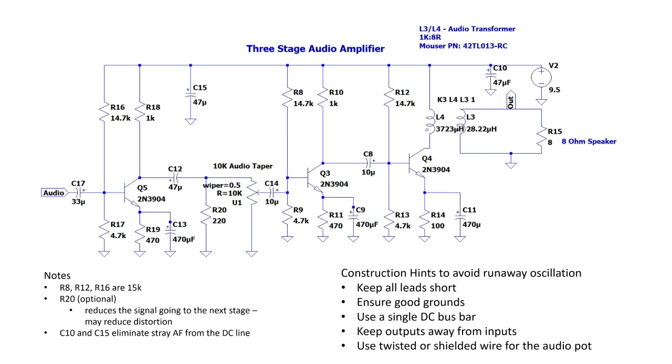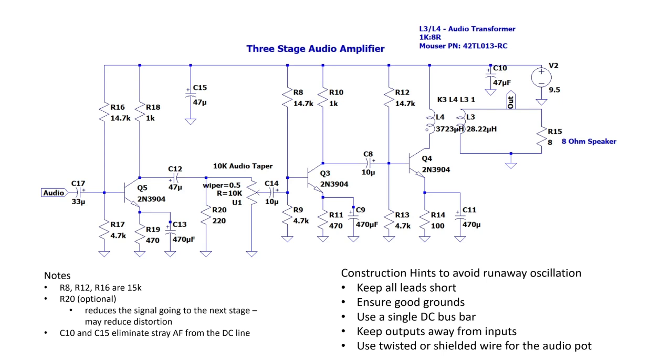So R20 is an optional resistor that is put in to knock down the signal coming out of Q5, to make sure that we have a cleaner signal across the following stages. You may need a smaller or larger value. We found that a 220 worked well in the cases where we had it. In some cases, we don't have that resistor in the circuit at all. So that's something that you'll have to look at as you tune up the audio circuit.